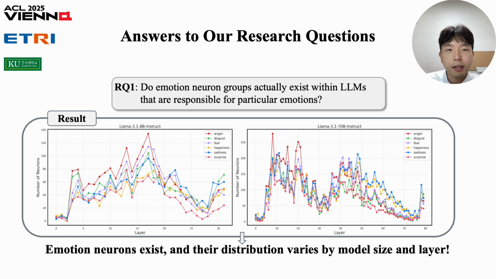There are clear peaks, and the pattern changes with model scale. In the 70 billion model, the distribution is broader and starts earlier. This suggests larger models process emotional information in a more distributed fashion.